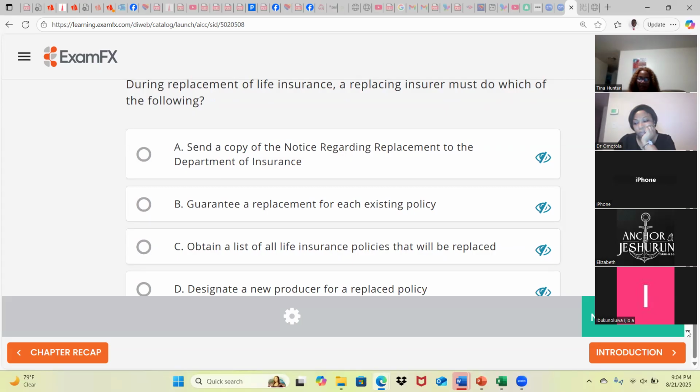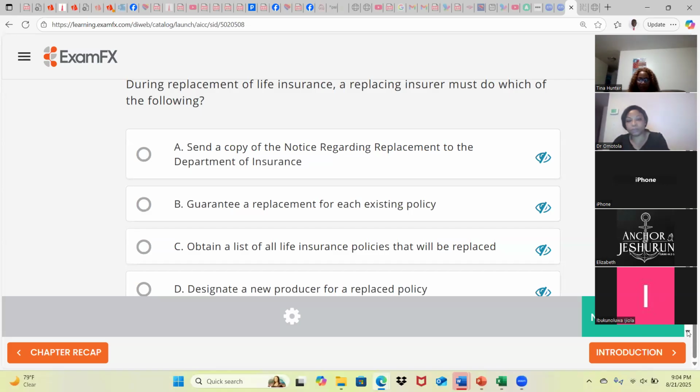They say a replacing insurer must do which of the following? I think both are right, both A and C. From experience writing policies, if you're going to be replacing a policy, they always need a list of all the policies that you're going to replace.